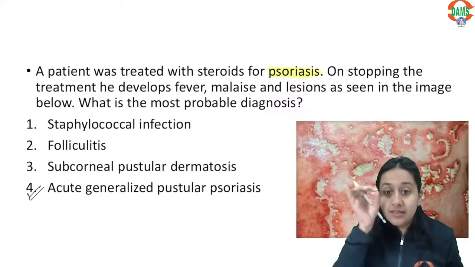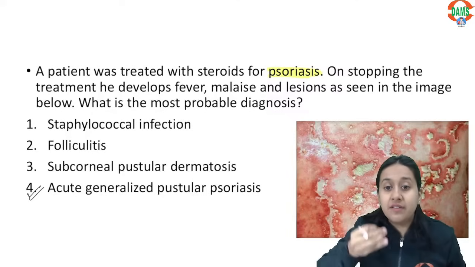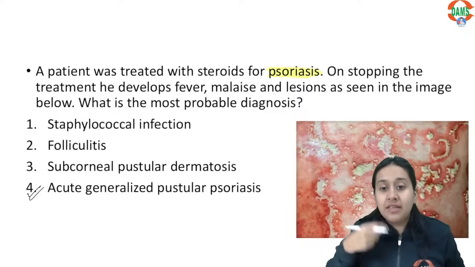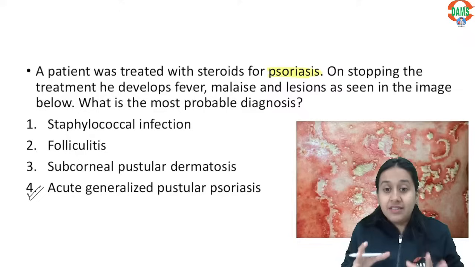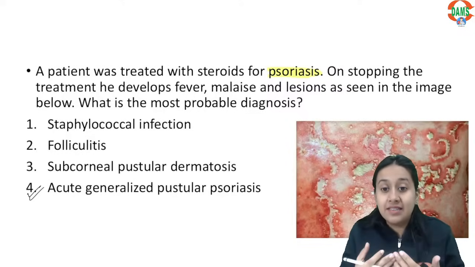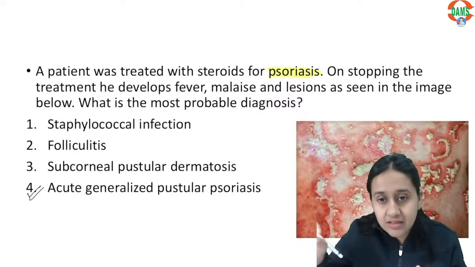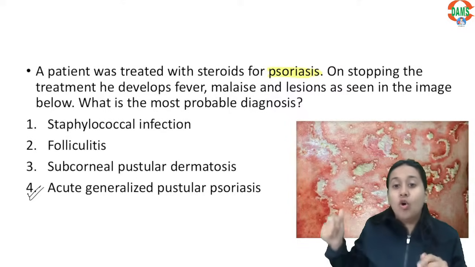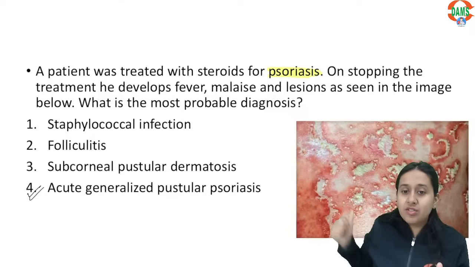In this question, this patient is ill-treated with steroid. Please remember, when you treat a patient of psoriasis with steroid, there is a tendency that the patient goes into an unstable variety. Either it will go into an erythrodermic form or it will go into a pustular variety.